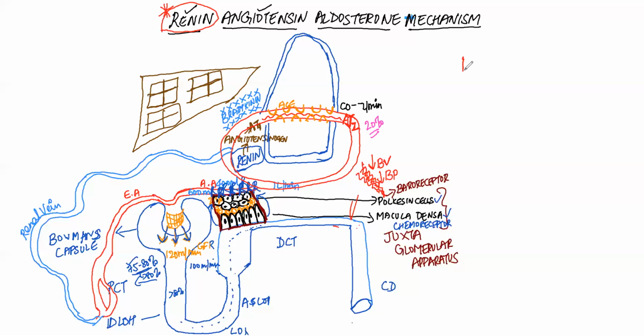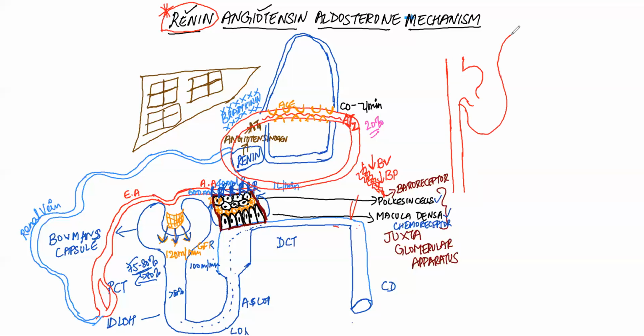So, this is your right auricle. It is joined by the superior vena cava from above and the inferior vena cava from below. Then this is your right ventricle.